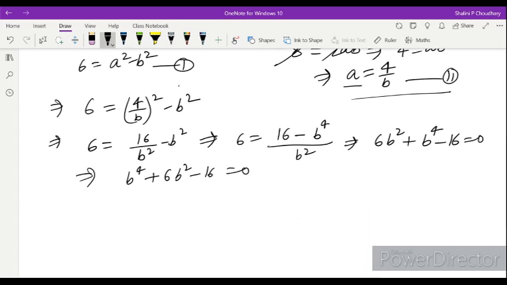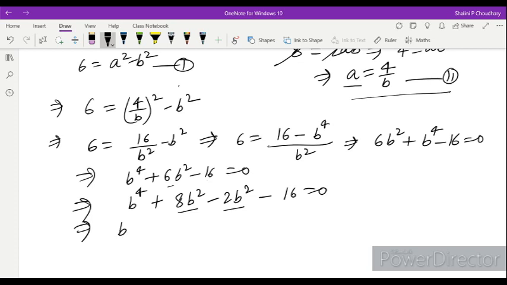Now what can we do? We can write 16 as 8 into 2. So b to the power 4 plus 8b square minus 2b square, we can write 6b square in terms of 8b square minus 2b square, that will be equal to 6b square, minus 16 equals 0.